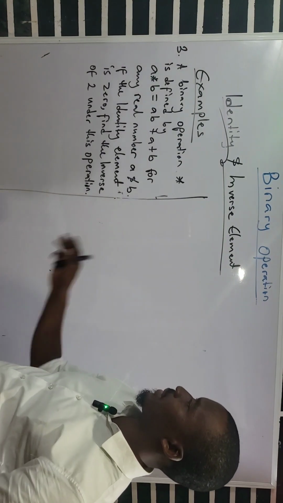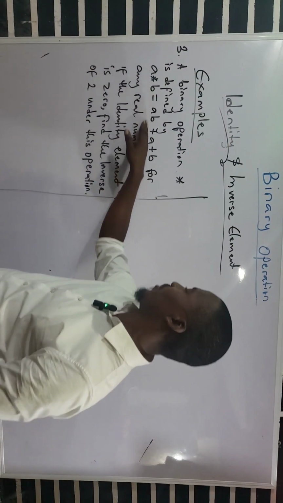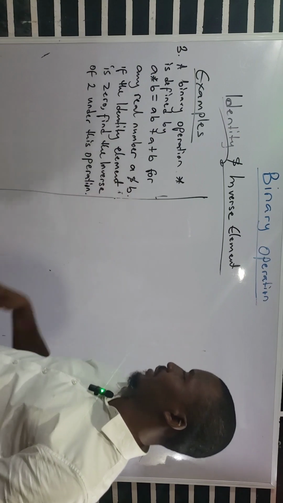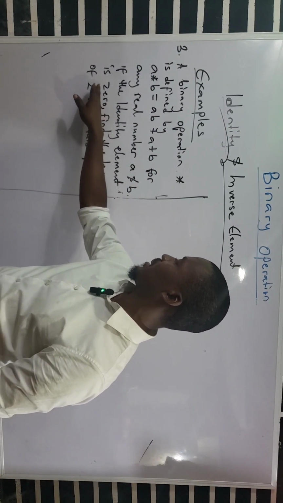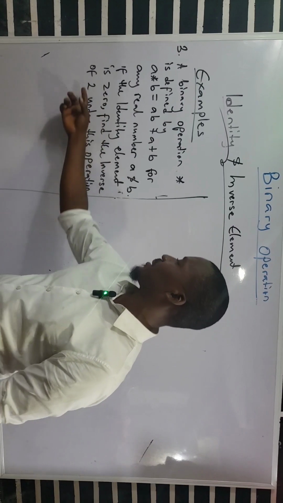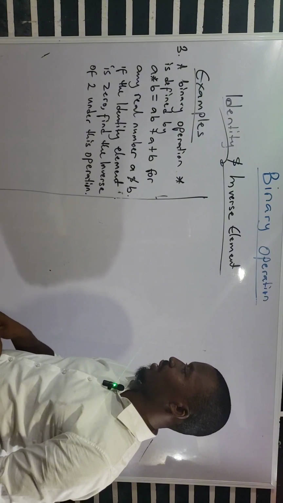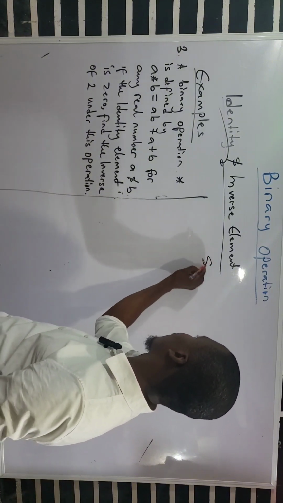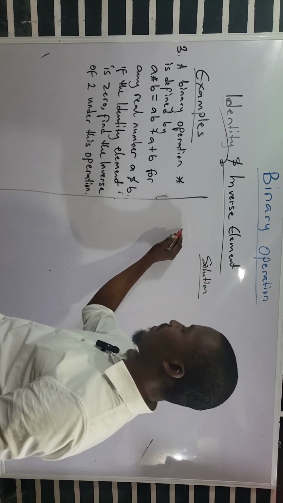So if you look at the third example, they have given us our rule of combination for A and B in numbers. They now say that if the identity is 0, find the inverse of 2. So we have been given the identity already. So you have your solution. What does that mean?